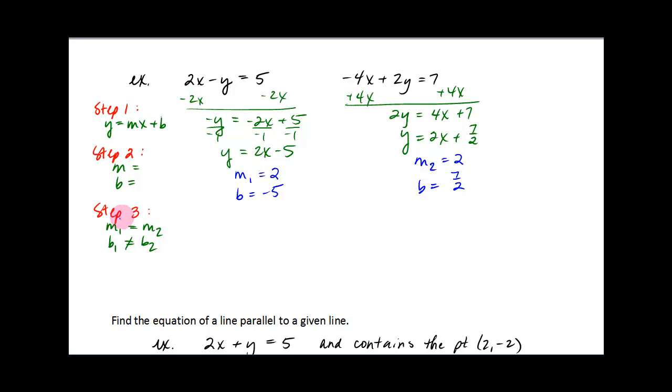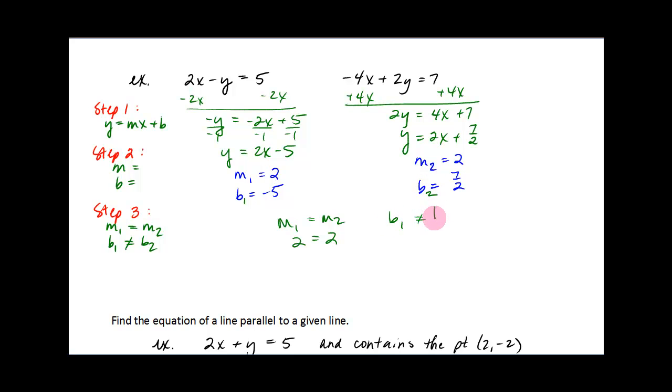So step number 3 says, okay, I need to decide whether my slopes are equal, and here I can see that m1 is equal to m2 because 2 is equal to 2, and b1 does not equal b2.